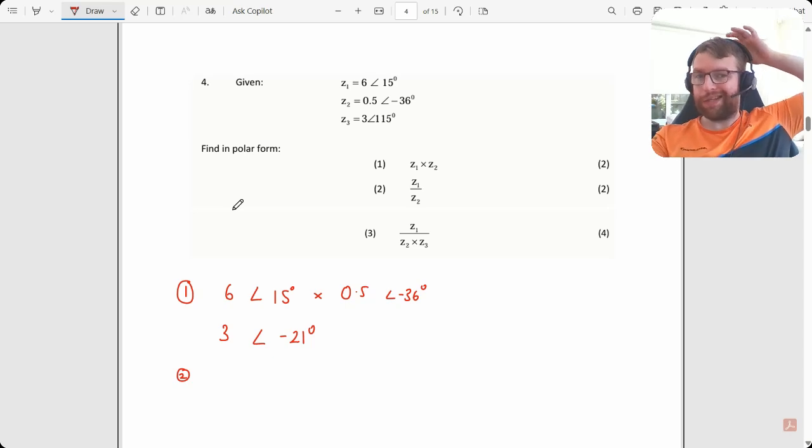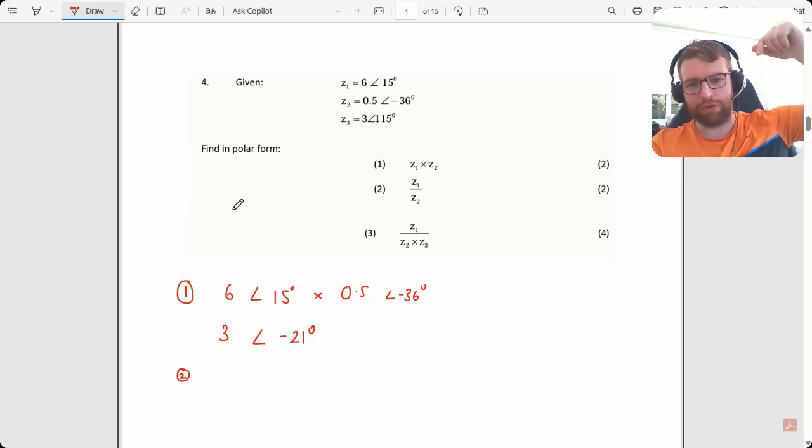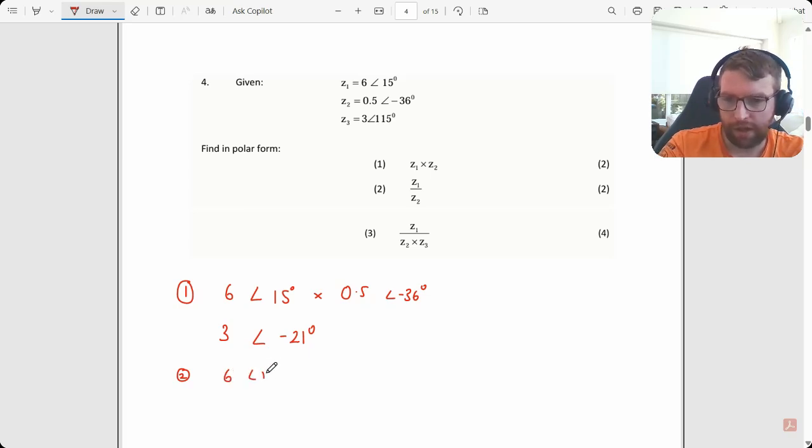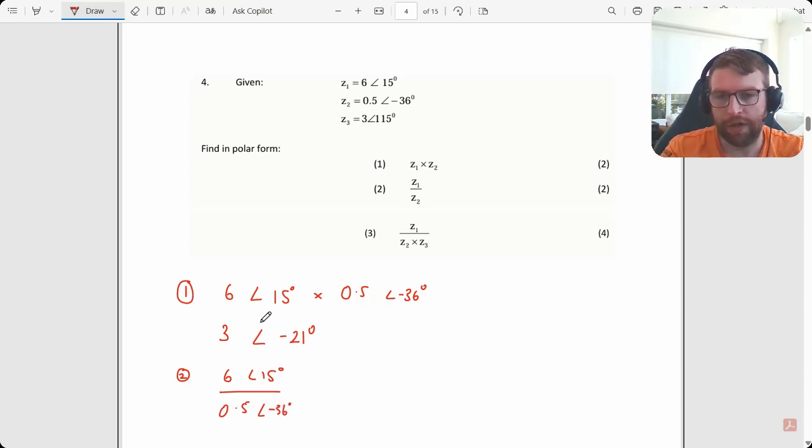When it gets to the next one, as you would expect, when you divide, you're going to divide those front numbers, but also the logic flips for the angles as well. So instead of adding them, you're going to subtract them. So we've got 6 and 15 degrees over 0.5 and minus 36 degrees.